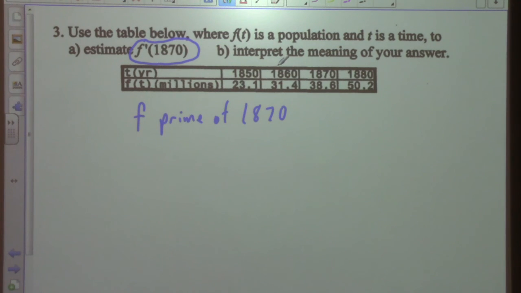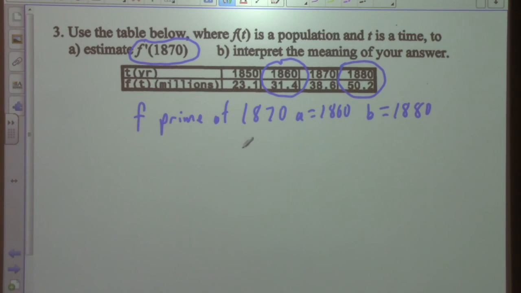So what resides on either side of 1870? Both of these. So B is equal to 1880 and A is equal to 1860.